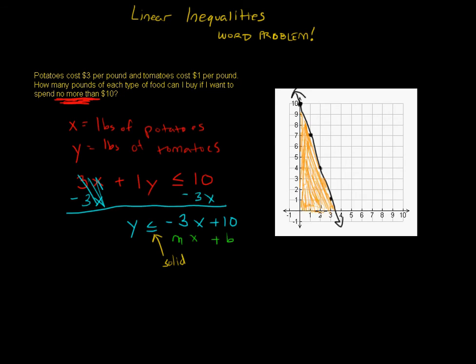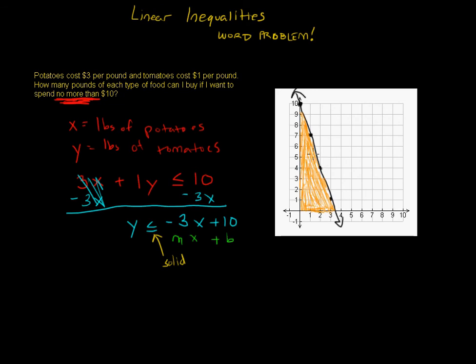So we'll just go with what's here. Since we're not bounding it by the axis, you can keep shading that way if you want to, but really, it's a word problem, so we want to go with something that makes sense.